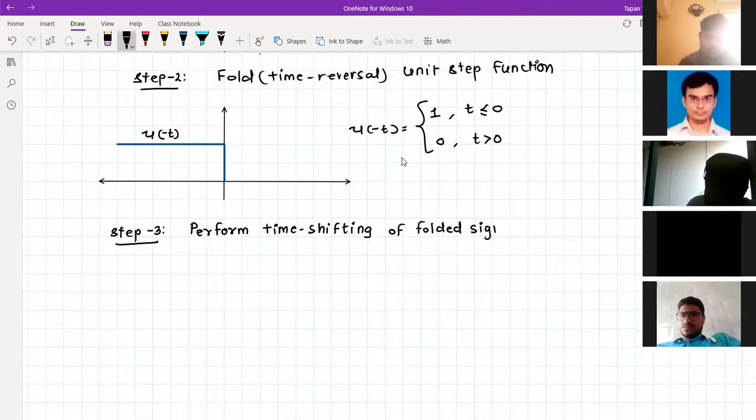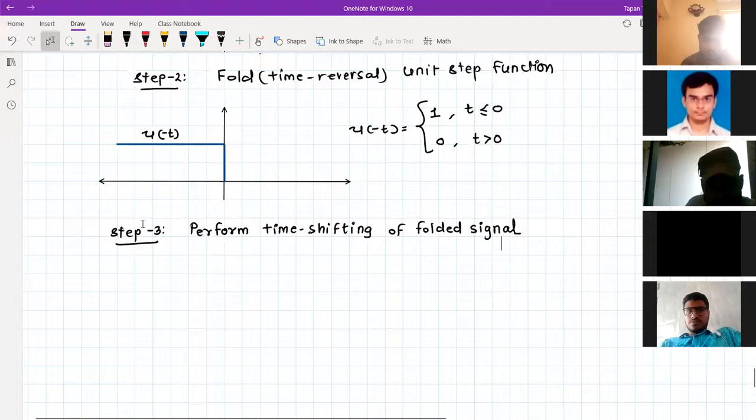That is going to be the third step. Perform time shifting of the folded signal, right?